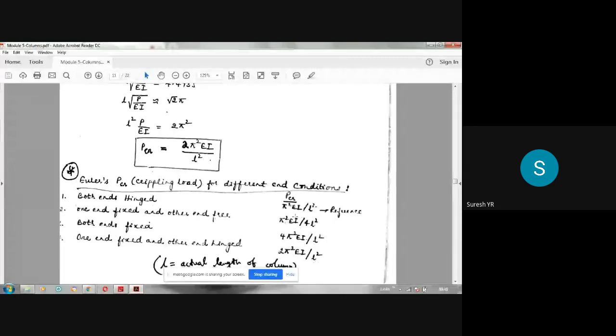Just by knowing the values of k, you can substitute in this formula. This L is nothing but the actual length.